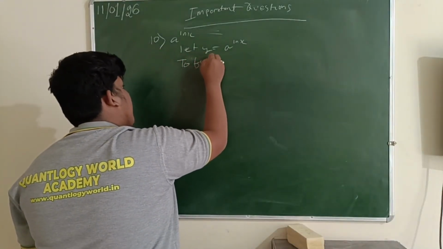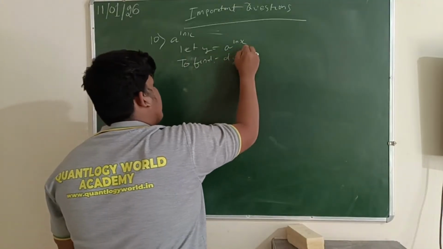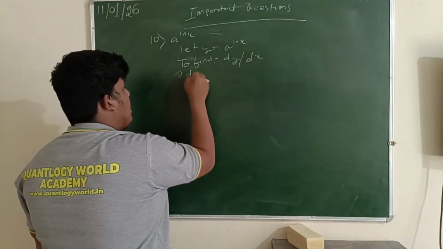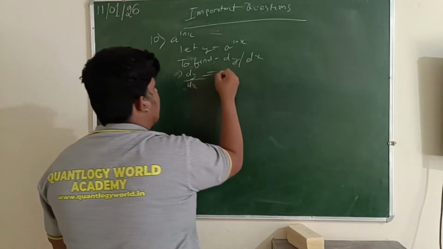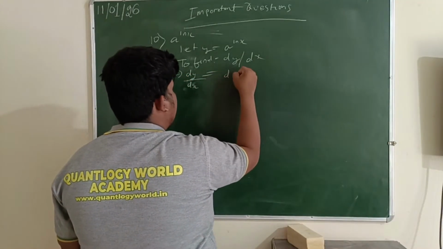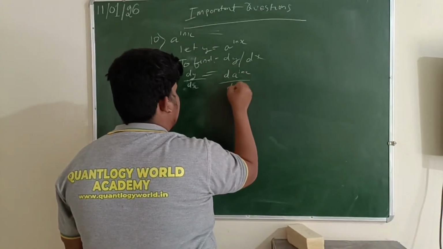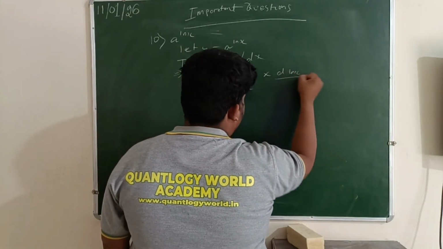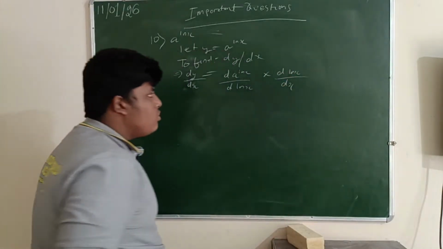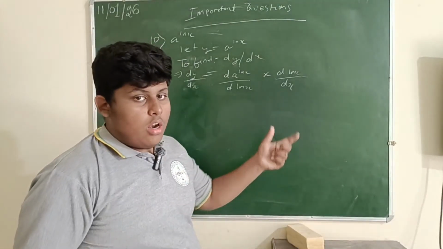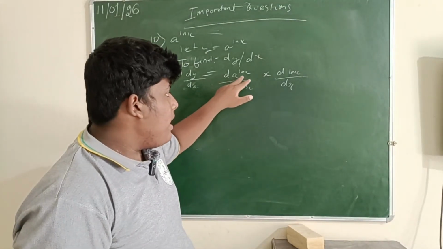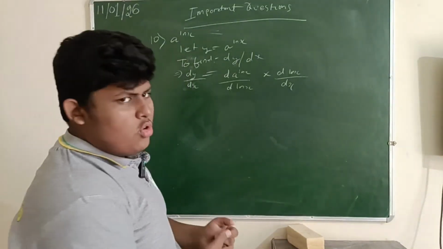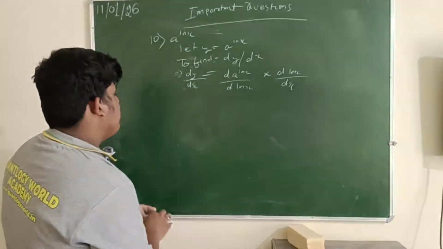To find dy by dx, dy by dx equals d of a to the power ln x by d ln x into d ln x by dx. In this question we'll learn two more formulas, one of a to the power x and another of ln x. So these are two different functions. Let's see what the answer of this question will be.